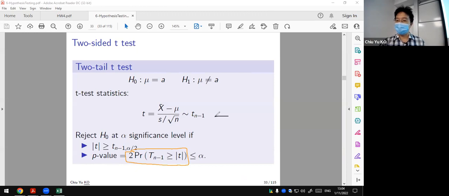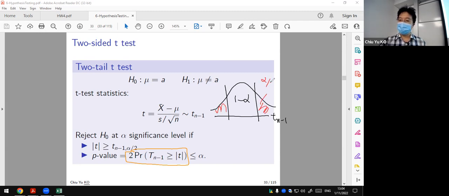The main thing is you put 1 minus alpha in the center, so both sides are alpha over 2. So we compare the value you have with alpha over 2. That's why you multiply the value by 2 compared to alpha.